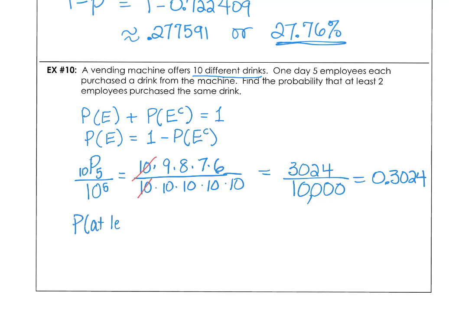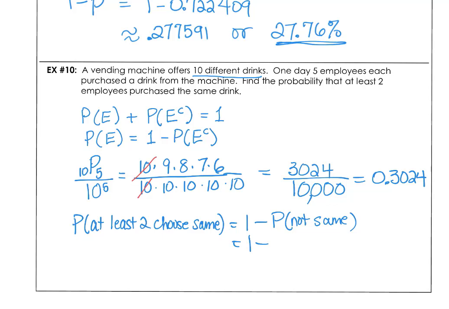So to find the probability that at least 2 employees choose the same drink, it is 1 minus the probability of not choosing the same.